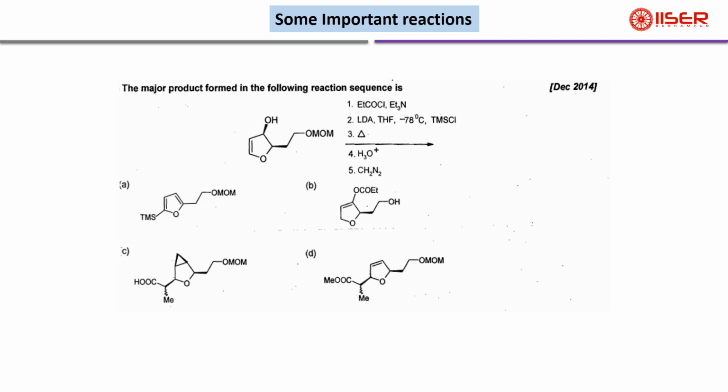In the first step, acetyl chloride is given, so it will be acetylated. This large group, I am considering it as R. So this will be acetylated.